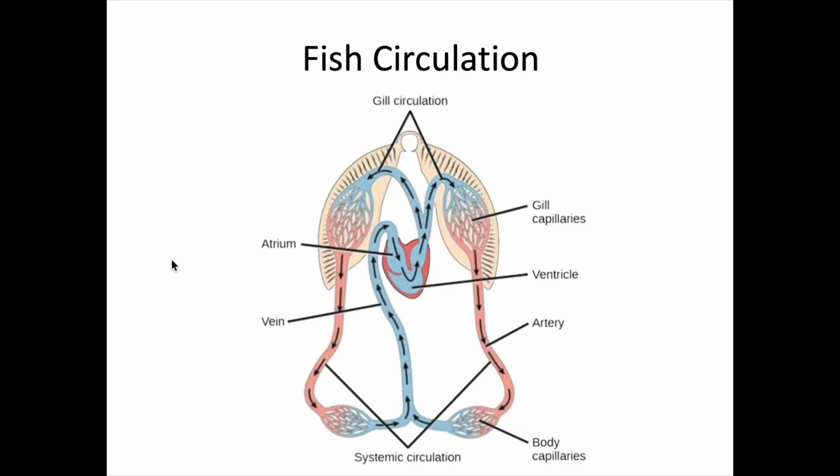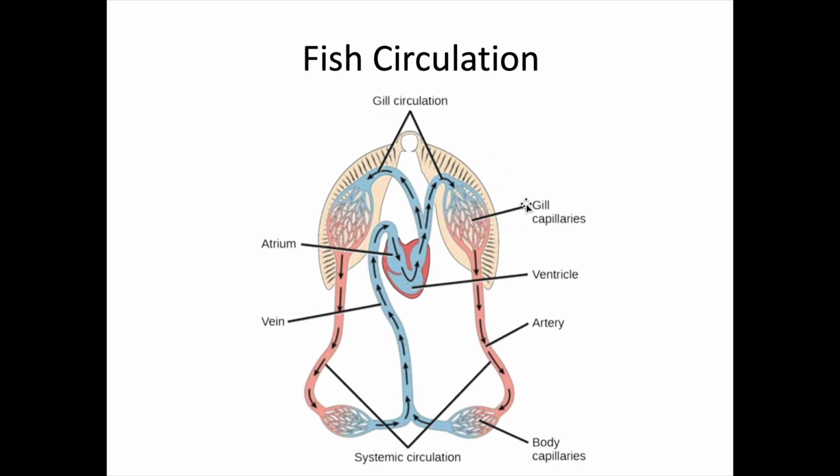So this is atrium, ventricle. This is not double circulation. This is what we can call a single circuit circulation, where there's one ventricle that in a single pump is going to send this deoxygenated blood to the gills.